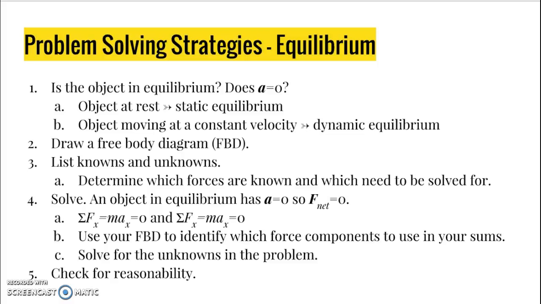We'll talk about how we do that in class. Finally, we solve for the unknowns in the problem. We'll have a system of equations, or maybe just one equation, and solve for the unknown we're looking for, or for an unknown that will help us solve for what we're looking for. And finally, you should always check to see if your answer seems reasonable.